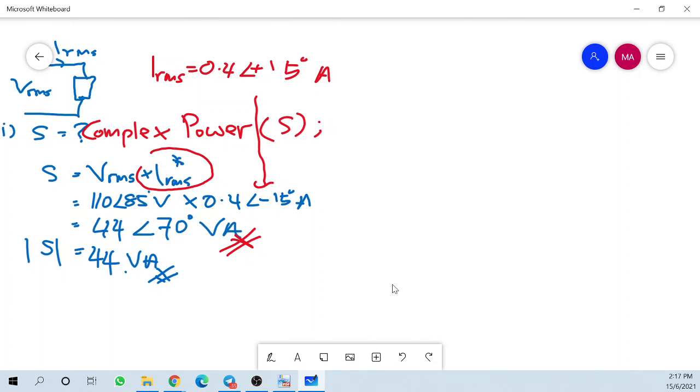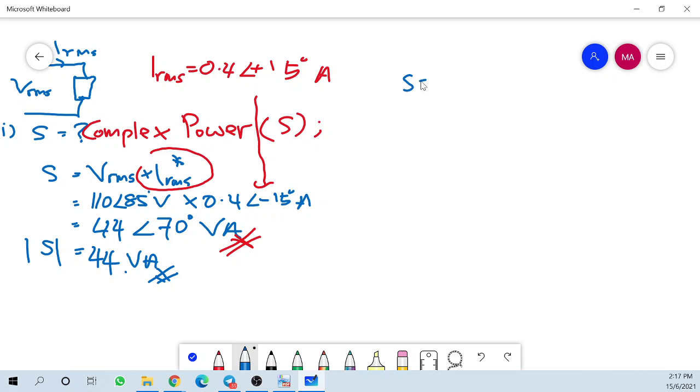So what is a real power? Now we have our S, complex power equal to 44 angle 70 degree VA, volt ampere.